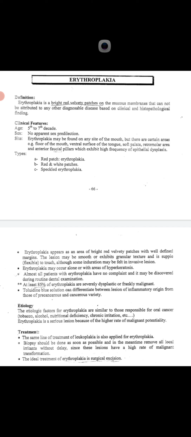The etiology is the same as oral cancer: tobacco, alcohol, nutritional deficiency. The next MCQ point: the premalignant lesion with the highest potential for malignant transformation is erythroplakia. The ideal treatment of erythroplakia is surgical excision.